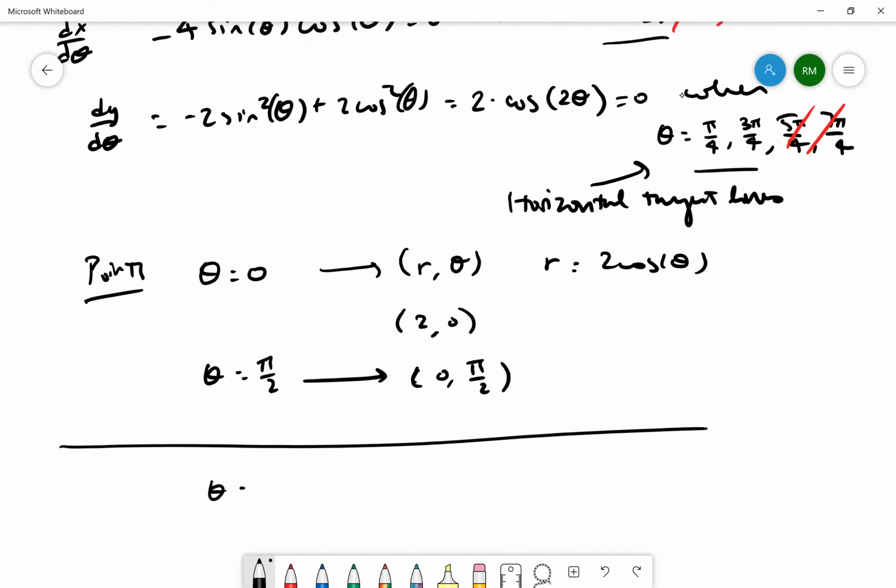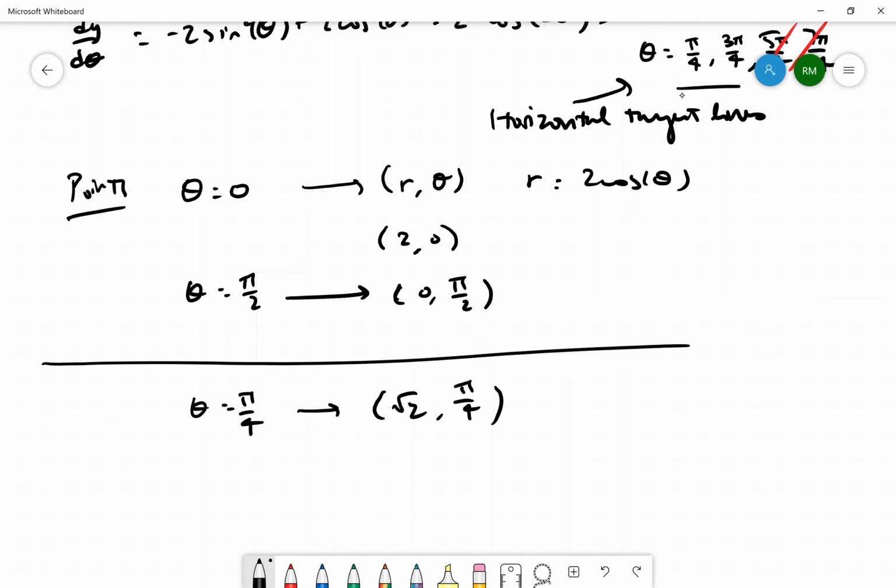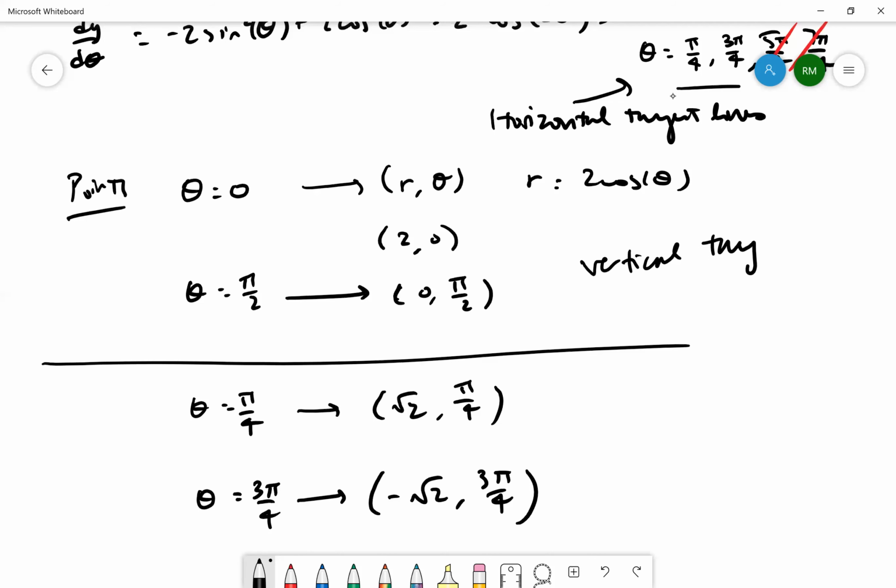And when theta is pi over 4, this is giving us the coordinate root 2, comma pi over 4. And when theta is 3 pi over 4, it's giving us the coordinate negative root 2, 3 pi over 4. And so these are the points with the vertical tangent line, and these are the points with the horizontal tangent line.